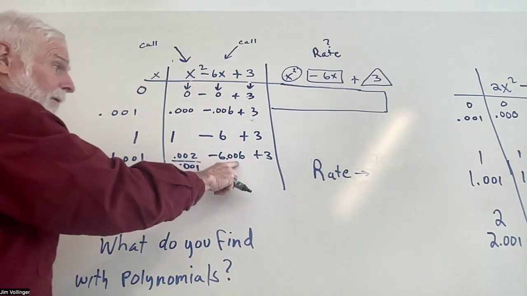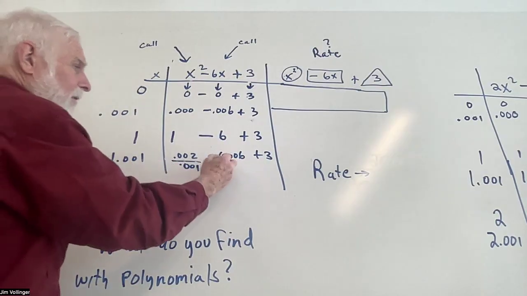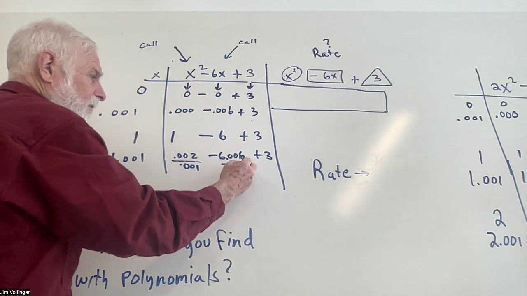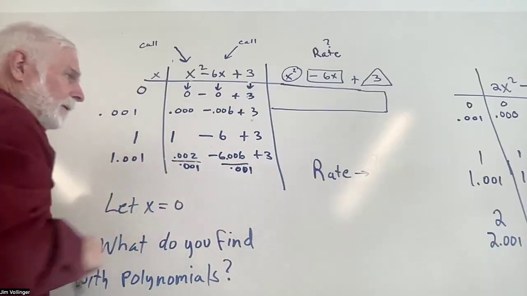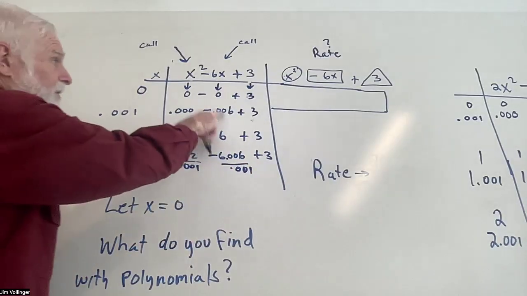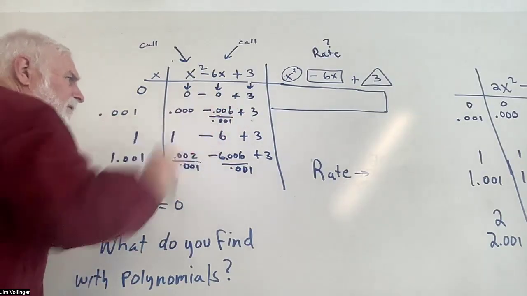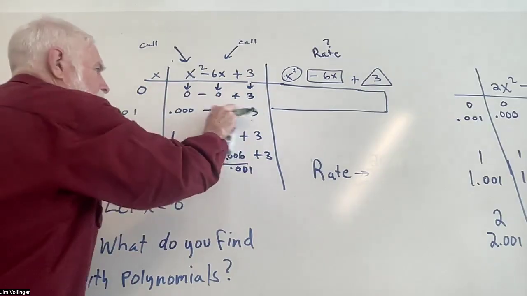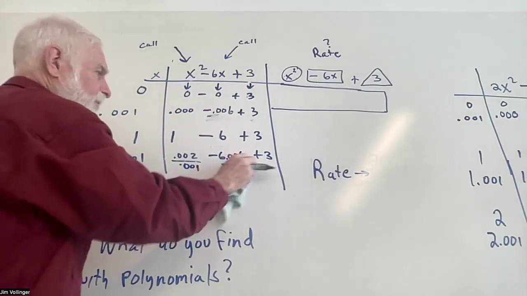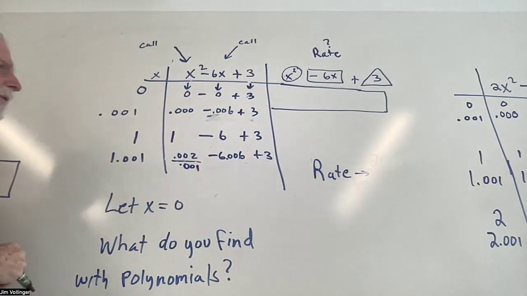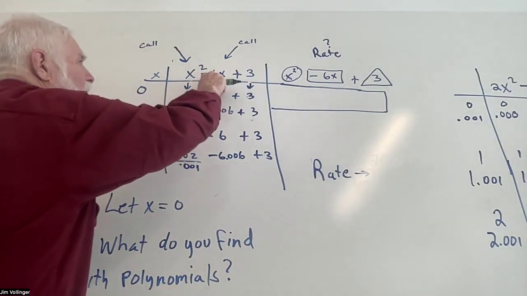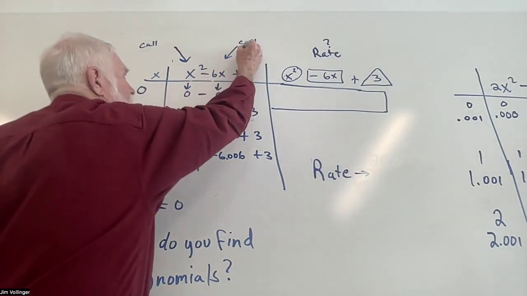Whereas over here, I'm going down at, I hope you can see the change here is 6 to 1. If I divide this by 0.001, I'm going down at 6 to 1 from this term. I got a feeling that we can call this constant change.